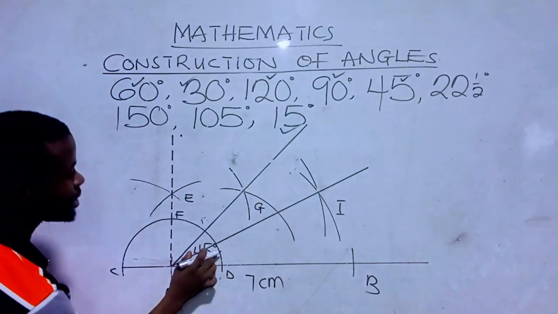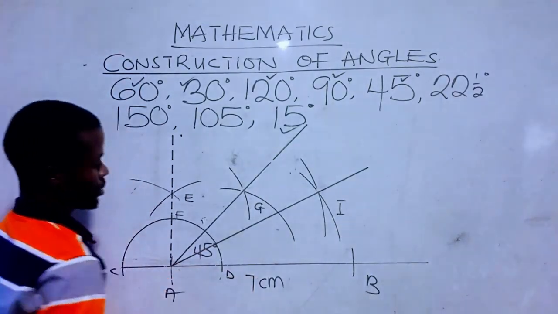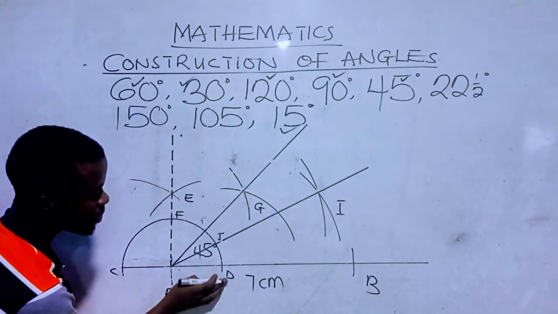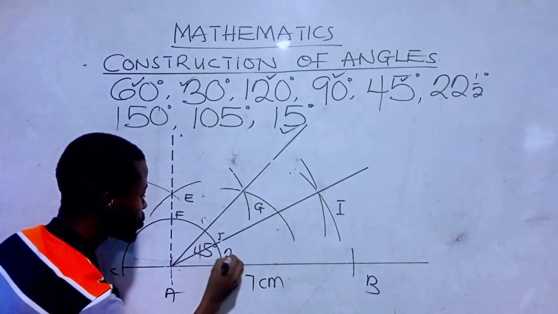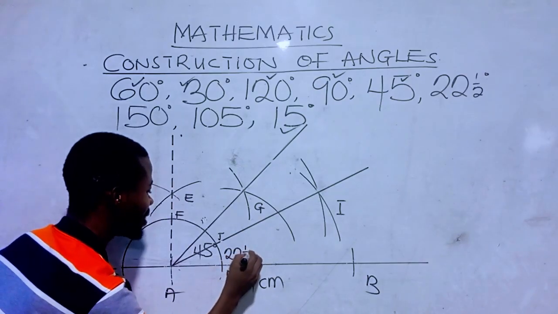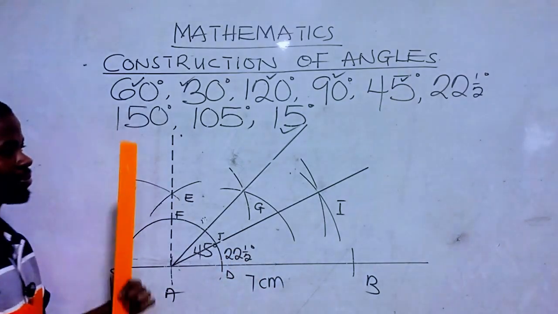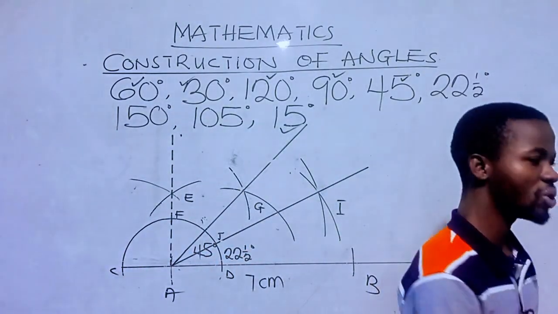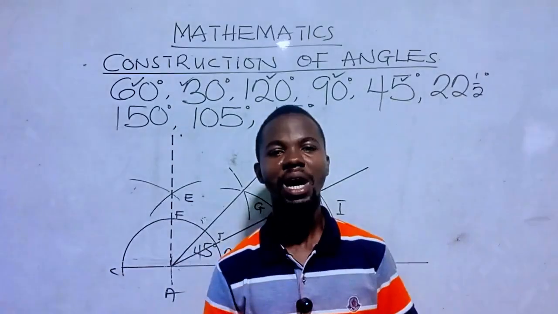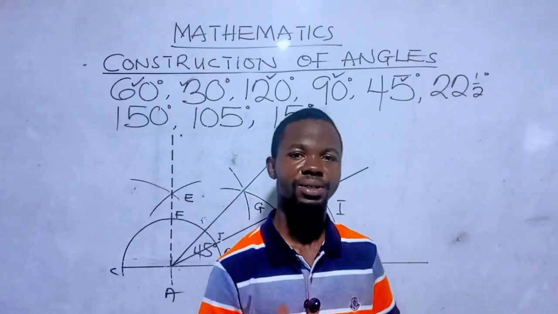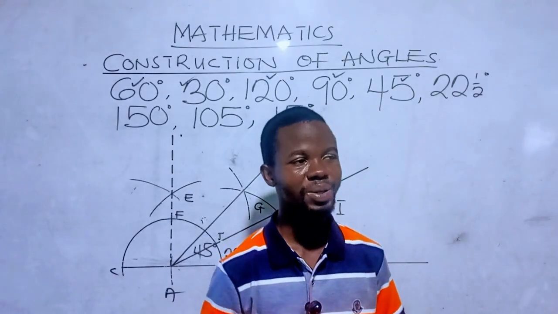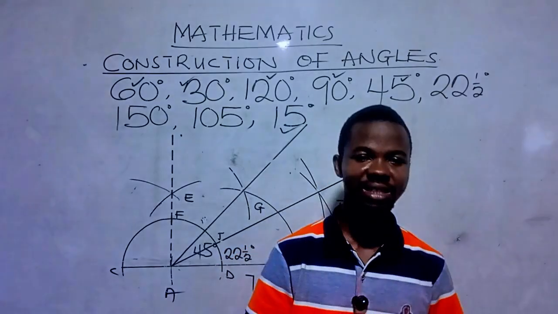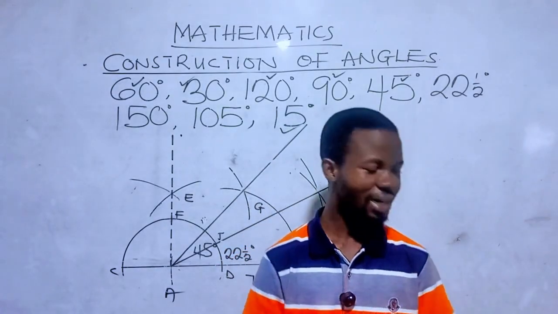This angle here, let me call here J. The angle from D to J is 22.5 degrees. So if you want to construct the angle, it is essential for you to be able to know how to divide angles, because when you know how to divide angles, most angles that you'll be constructing will be by bisecting or dividing angles.